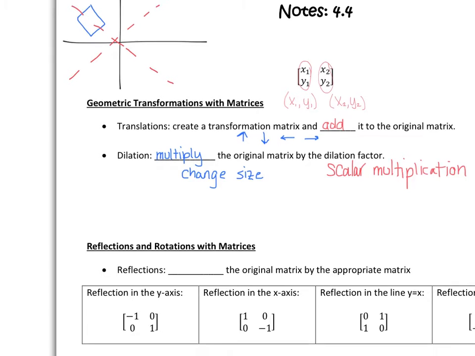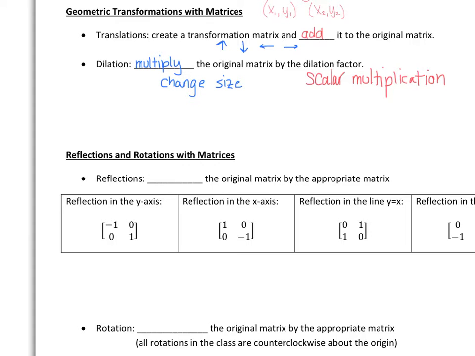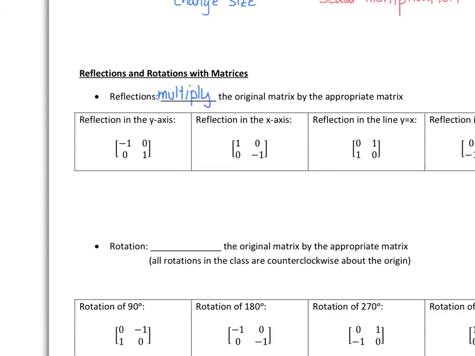Now the way we do that is we multiply the original matrix by the appropriate matrix. What I mean by appropriate is whichever one of these it tells you to use. If it says reflected over the y-axis, you're going to use this one. When you do this, order matters very much or else it won't work. You have to do the reflection matrix and then the original when you multiply.